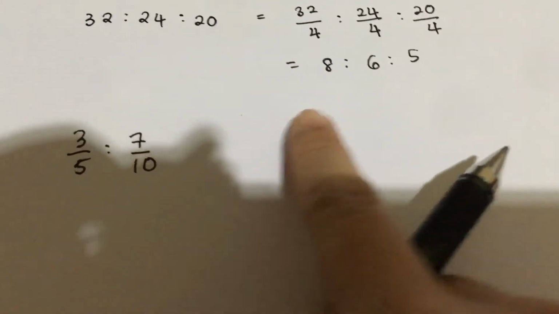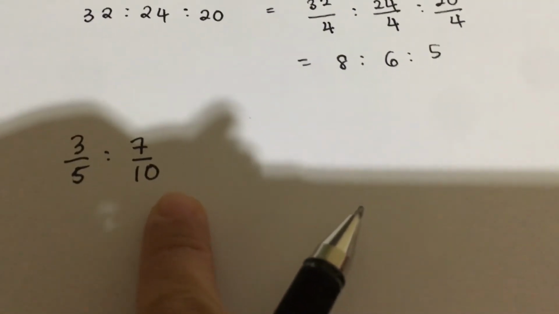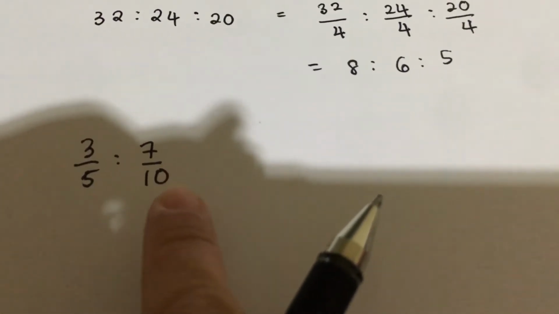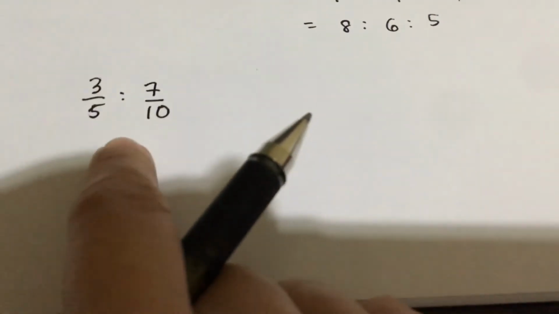We have here 5 and 10, the denominators. If you want to find out what number you should multiply the fractions with, you just find the LCM. So for 5, 10, you can divide by 2, that gives you 5, 5, and divide by 5, 1, 1. I hope you still remember this. To find the LCM, 2 times 5 gives you 10.